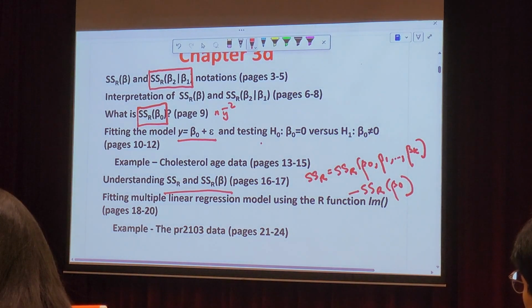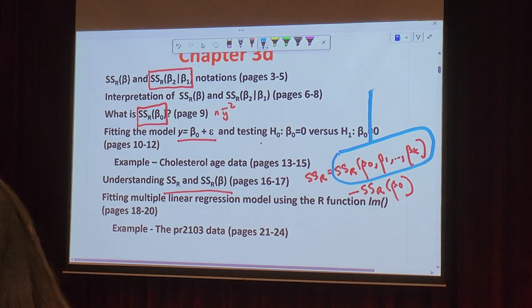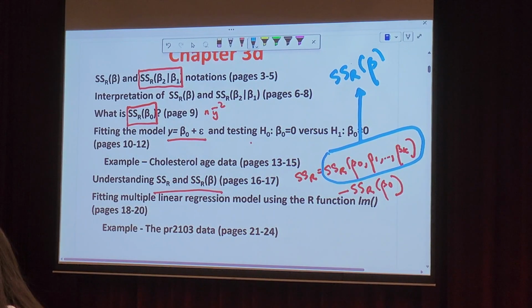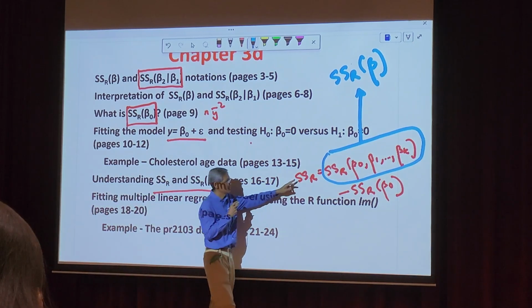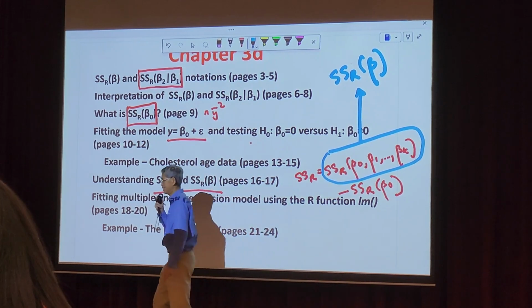And this quantity is SSR of beta. So the difference between SSR and SSR of beta is this one, which is n y-bar squared.